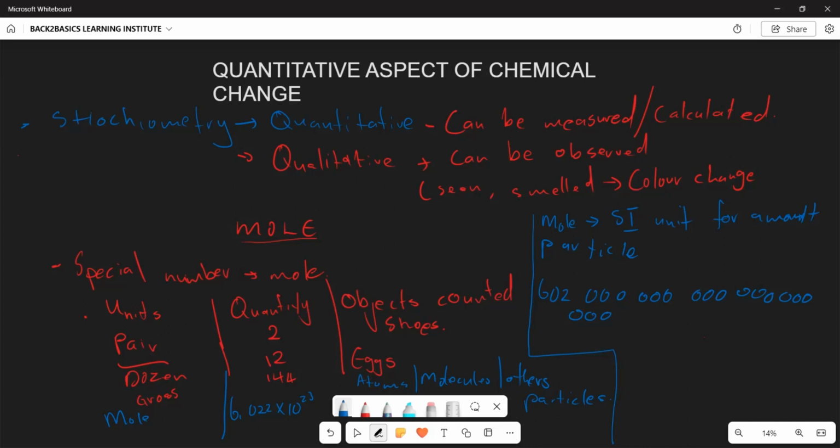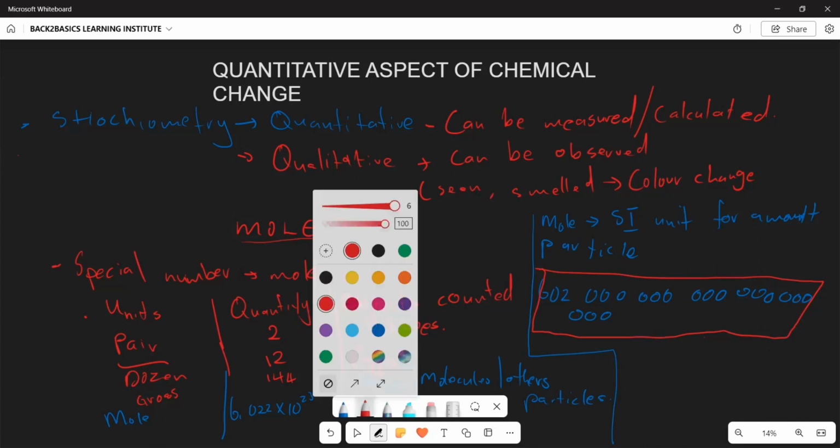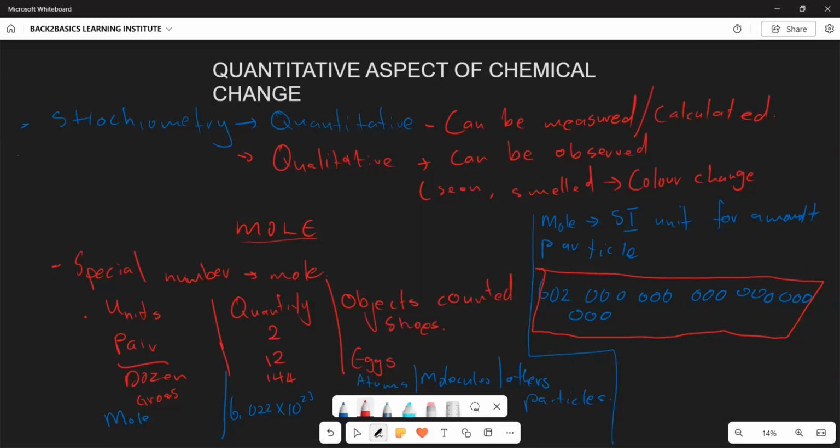So basically this is the special number that we use to represent the particles, right? If we write this in scientific notation, this is going to be 6.022 times 10 to the power of 23. This is the representation of moles.